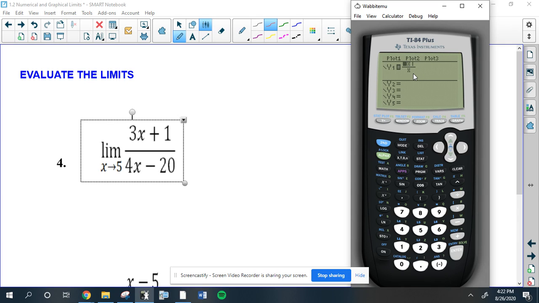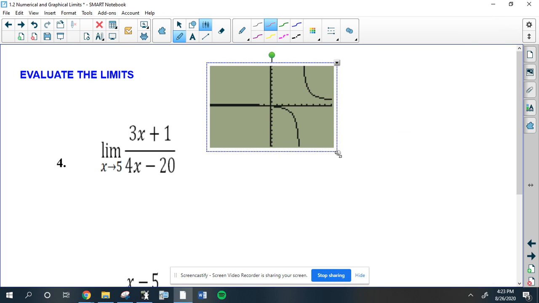Graph in the graphing calculator 3x plus 1, 4x minus 20, and look very closely at the graph.